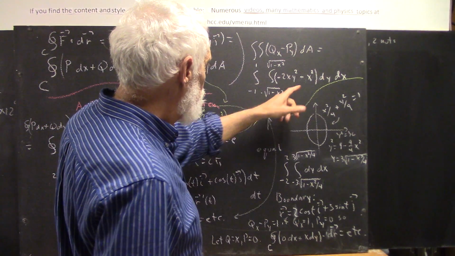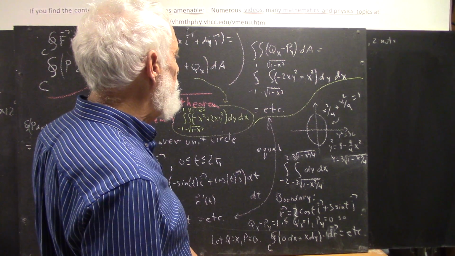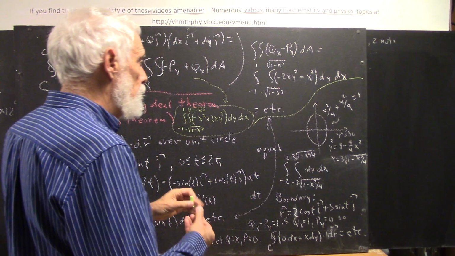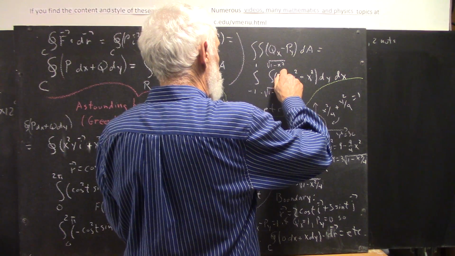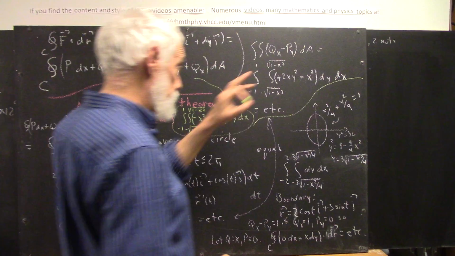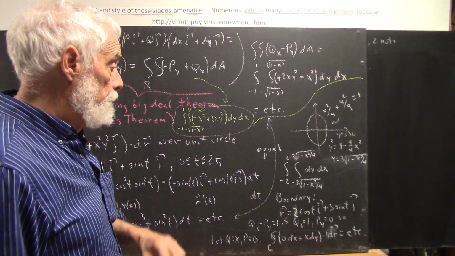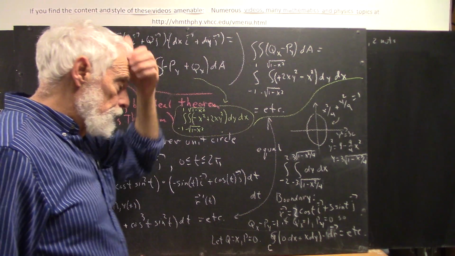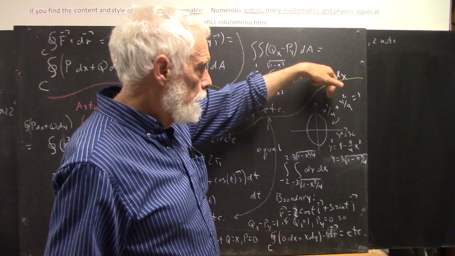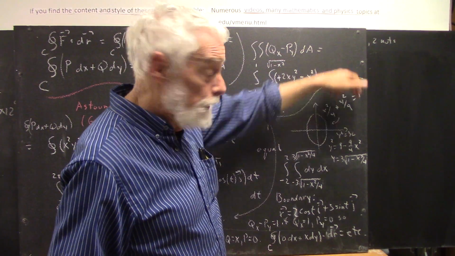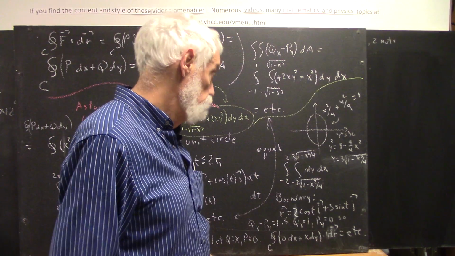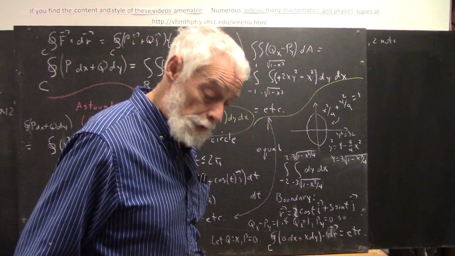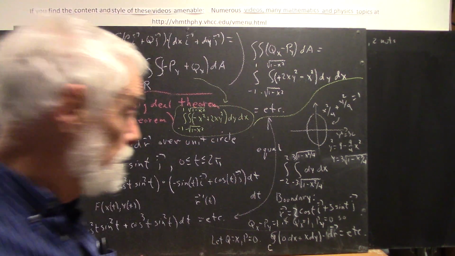Same integral, except that I changed my Q to be a positive x squared y squared, so I'm going to have a positive here. Now the next thing we want to do is figure out how to do an area integral for the area of this ellipse. So we're going to proceed with that in the next video.